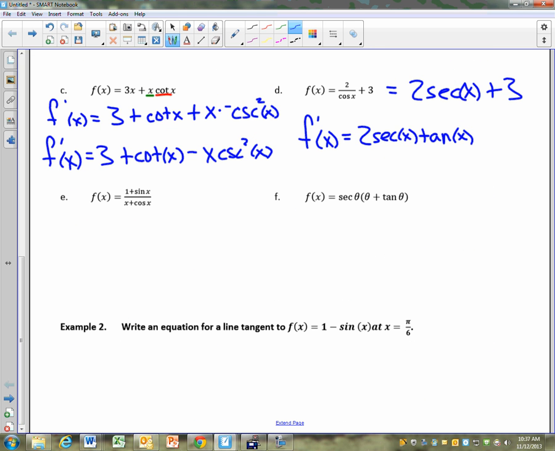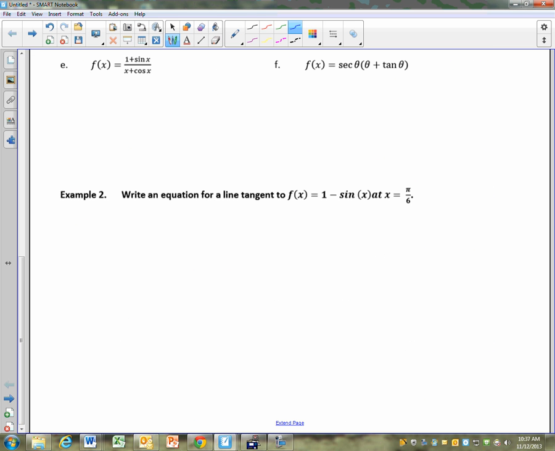How about E? What do you have to do for E? Now you do have to use the quotient rule. So this can take up a little bit of space, but I take the derivative of the top. What's the derivative of the top?